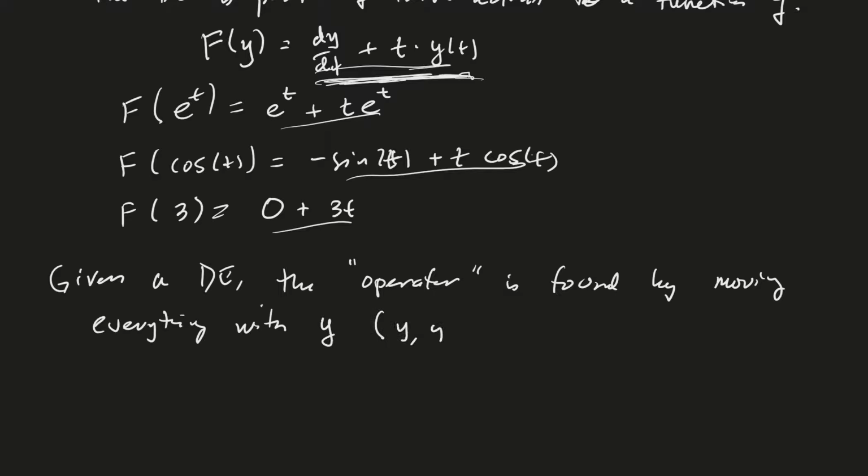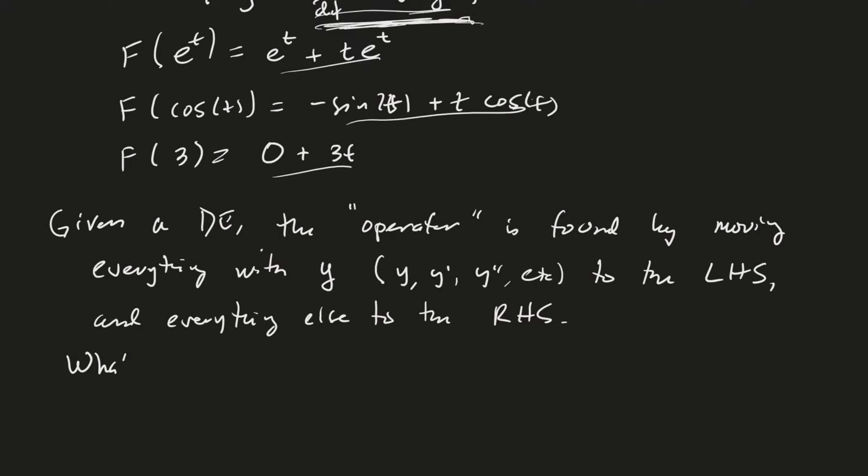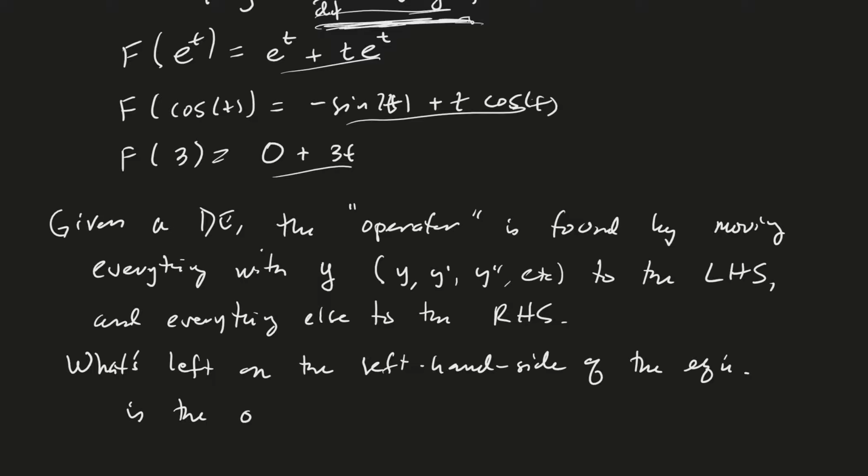So that means y prime, y double prime, etc. to the left-hand side of the equation, and everything else to the right-hand side. Then what's left on the left-hand side of the equation is the operator or the action for the differential equation, for the DE.